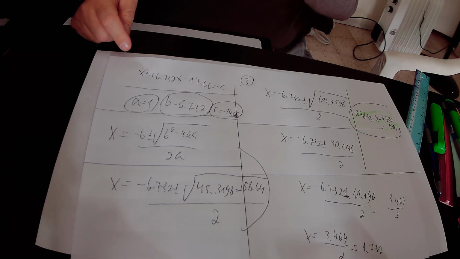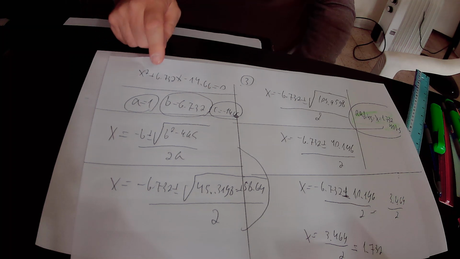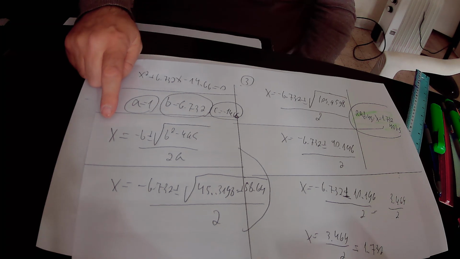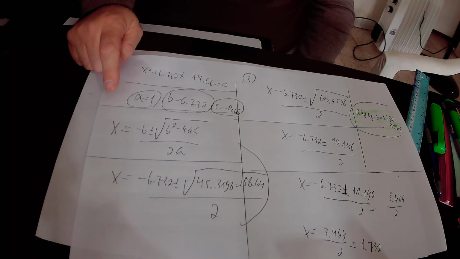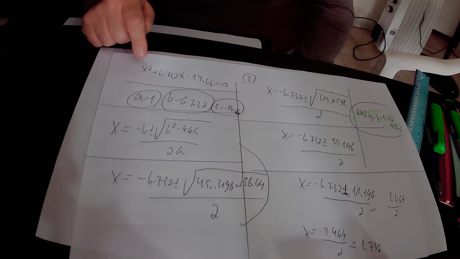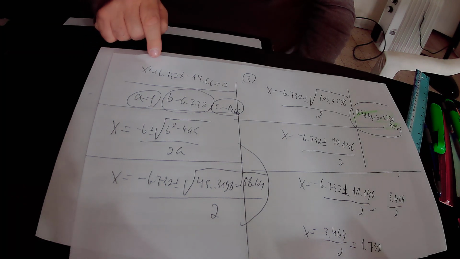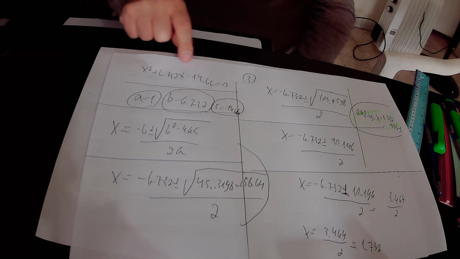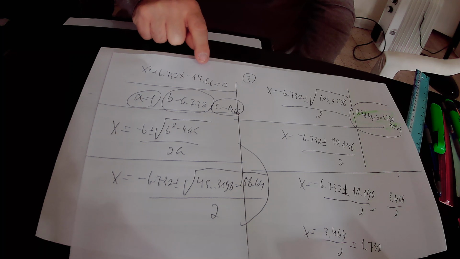So in the next step, we just have to put the values of a, b, and c from our specific quadratic equation inside this general formula for x, in order to find the values of x for our specific quadratic equation.